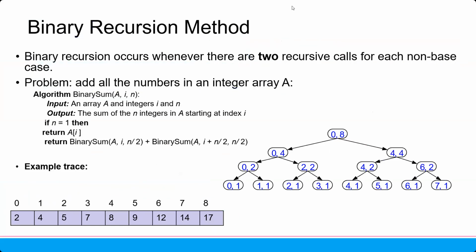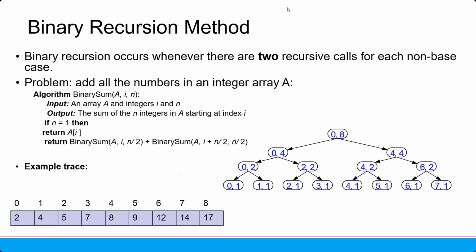So here is A, I, and n. So the input is an array A and integers I and n. The output will be the sum of n integers in A starting at index I. So I is the index, n is the number of elements in the array.